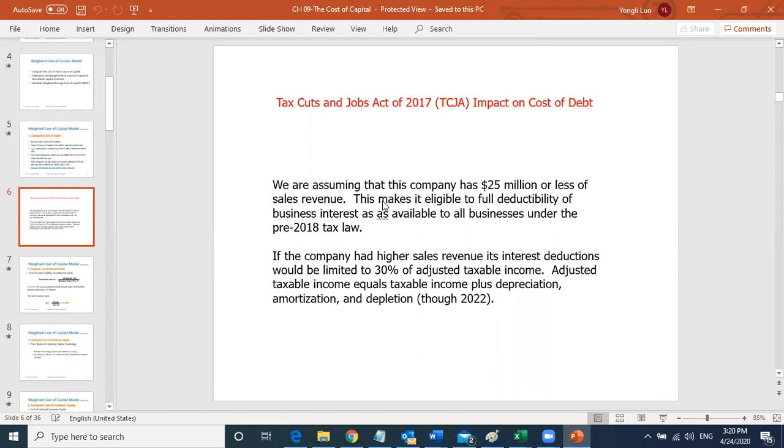I talked about that before: under Donald Trump, the tax on companies was reduced, right? The new rate is 21% for the company.